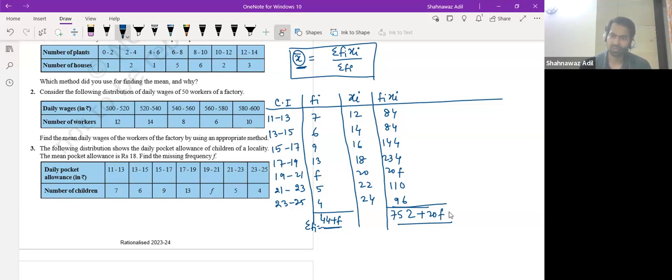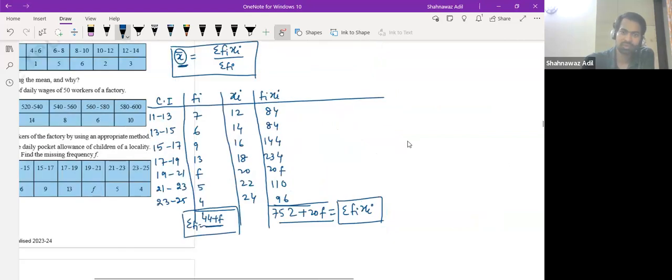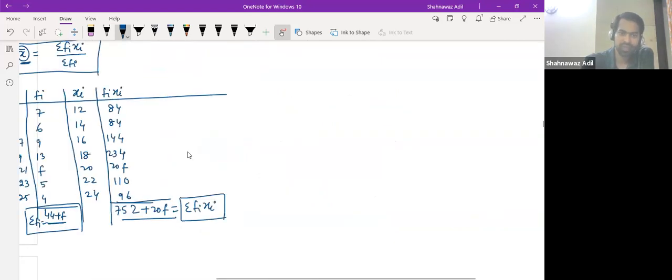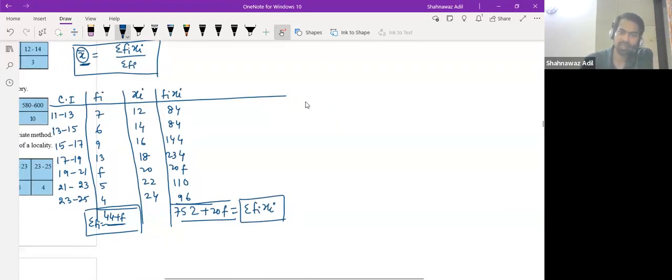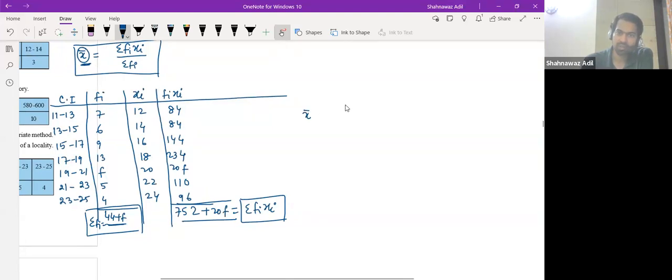Yes, sir. This is the summation of Fixi. So we have calculated summation of Fixi and summation of Fi. So what do we know? We know that mean is summation of Fixi divided by summation of Fi.